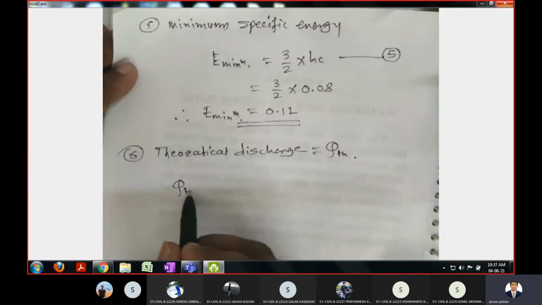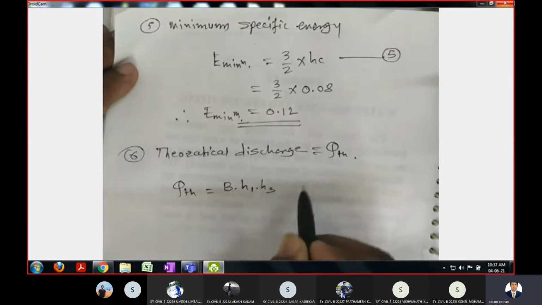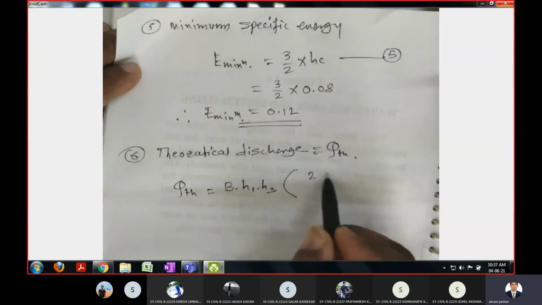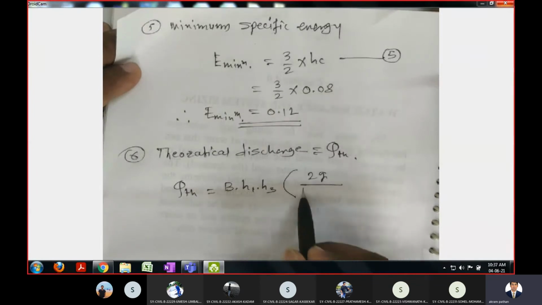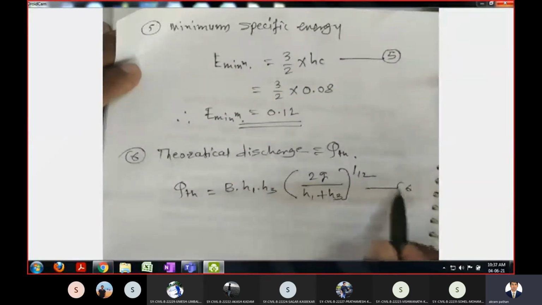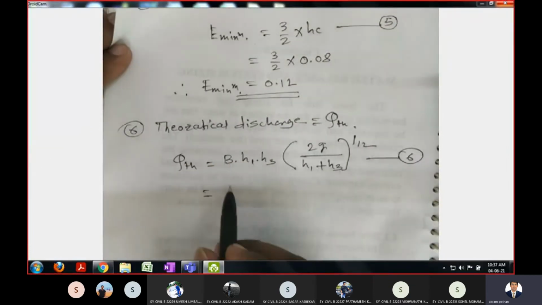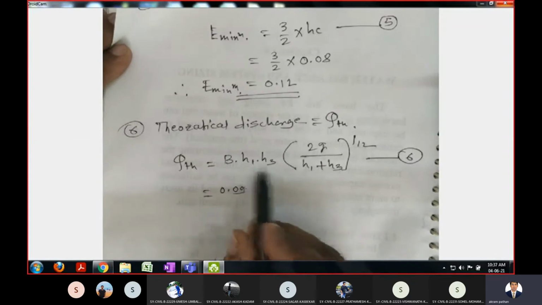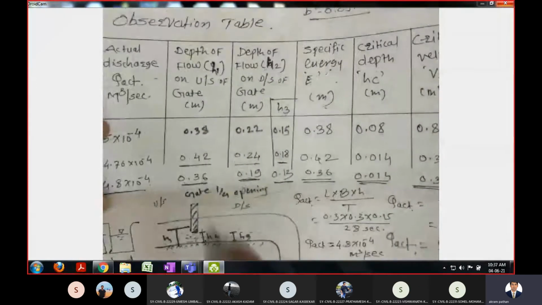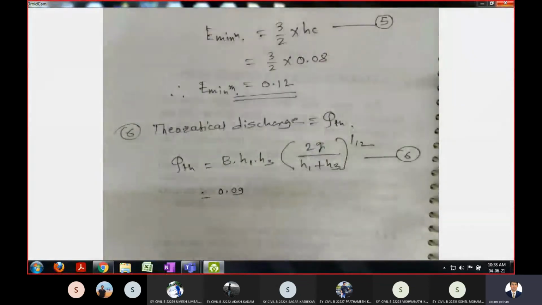For calculation of the Q theoretical, we have the formula B into H1 into H3 in bracket 2G divided by H1 plus H3, raised to half. So this is width of the channel 0.09. We have taken H1 and H3 in our observation table. See here, this is H1 and this is H3, 0.38 and 0.15.